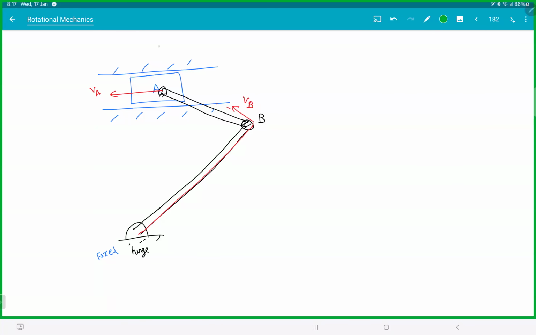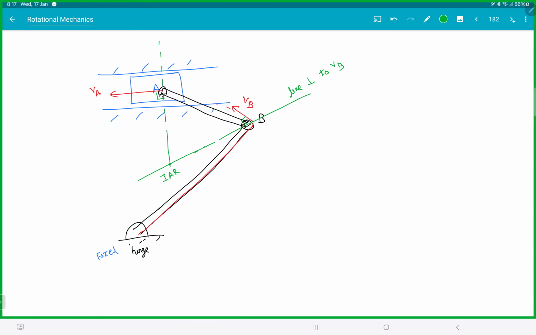So now drop a perpendicular to this line and drop a perpendicular to this line. This would be IAR. Find the velocity of B, uska perpendicular, and find the velocity of A, uska perpendicular. The point of intersection is the IAR. This is a line perpendicular to VB.